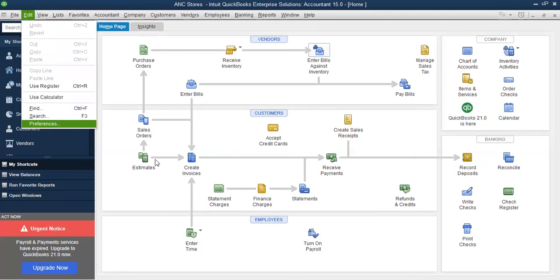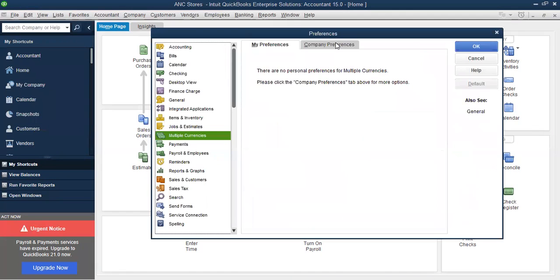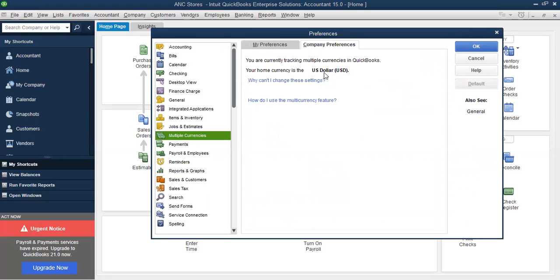We actually went here and said multi-currency, company, and set that we use our home currency or the reporting currency or base currency, which is what? US dollar. So all transactions will be converted into the US dollar value so that we can prepare a profit and loss, a balance sheet, a cash flow statement, any other report or a cash book that is consolidated.